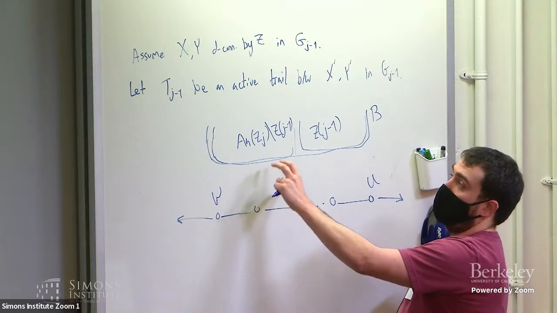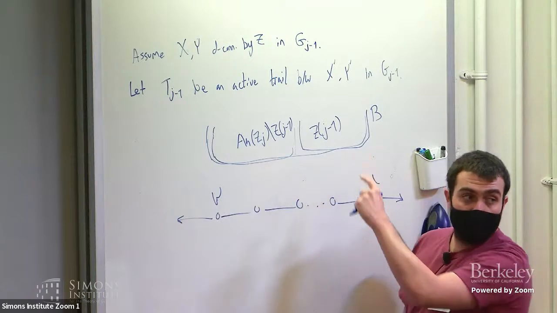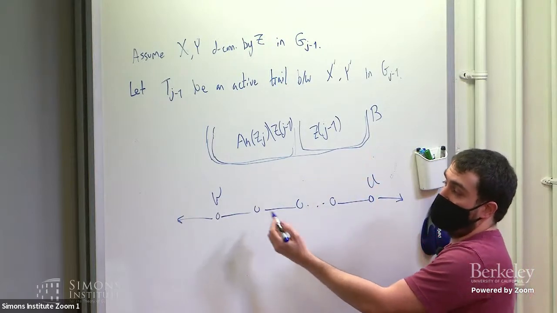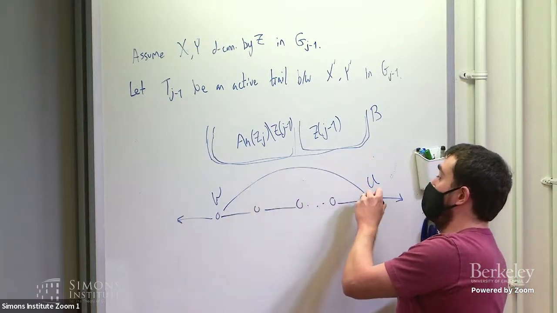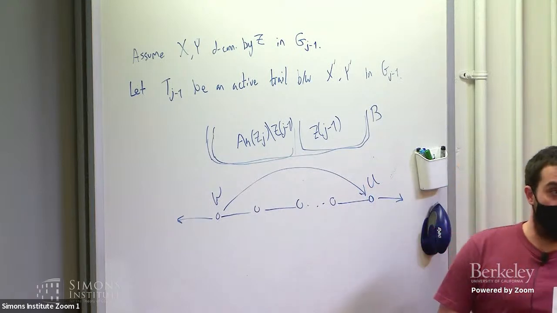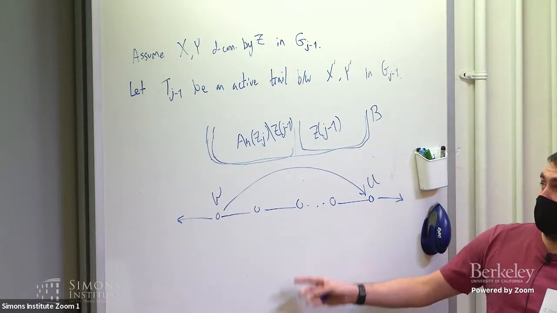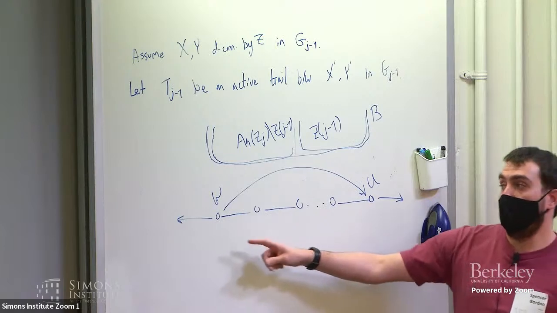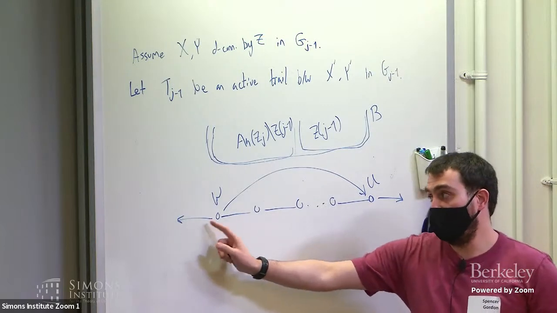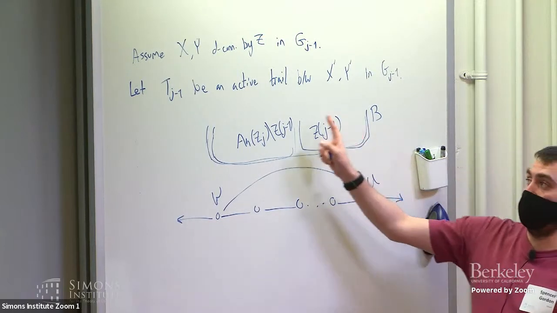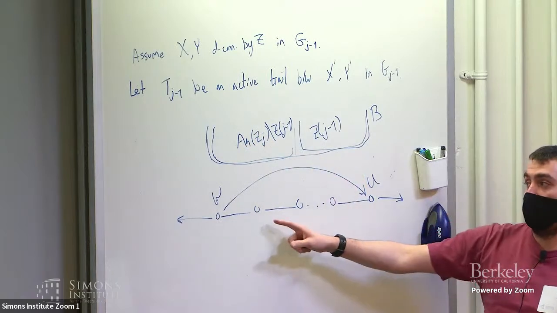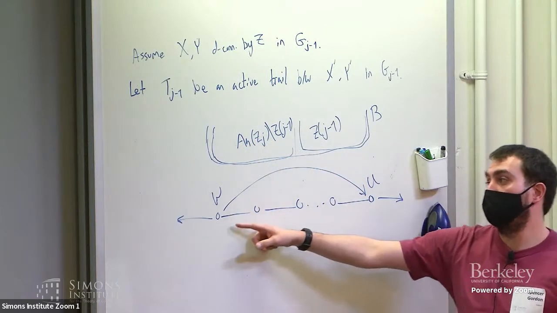And in particular, we've completed this entire subgraph, which means that in GJ, there is an edge either from W to U or from U to W. And so we can take the trail in GJ-1 and just replace this entire segment that went through these ancestors with just a single edge from W to U.